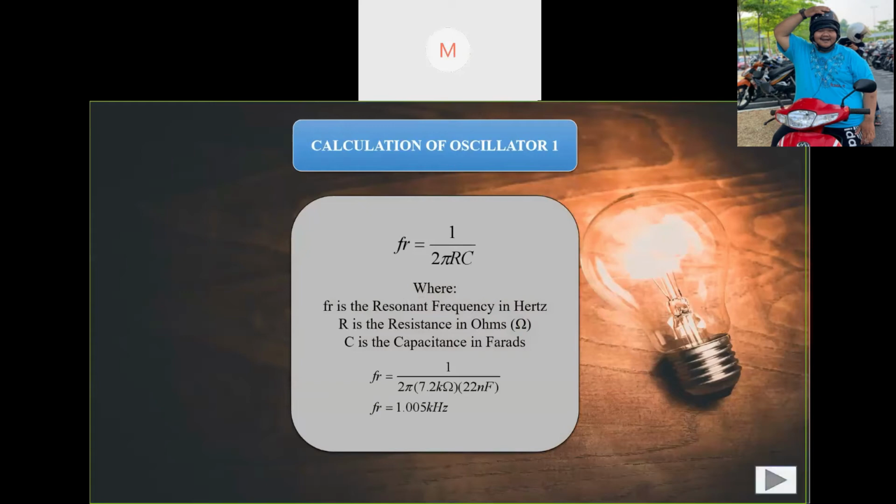This is the example for calculation of oscillator. We use the formula frequency response 1 over 2 pi RC. Next.